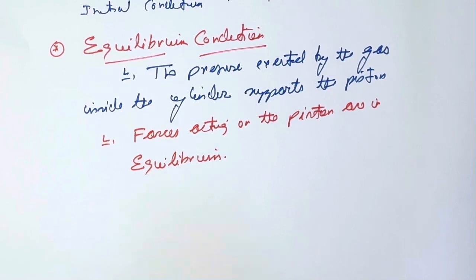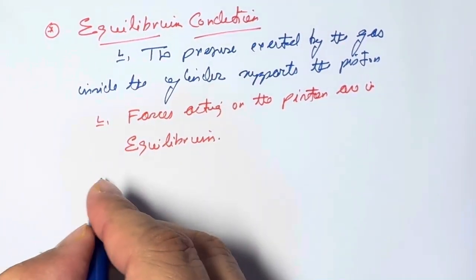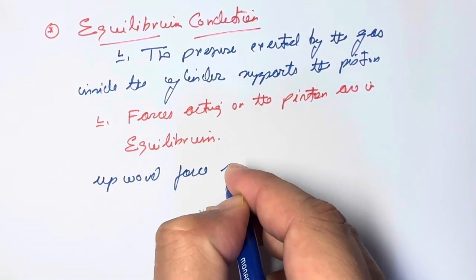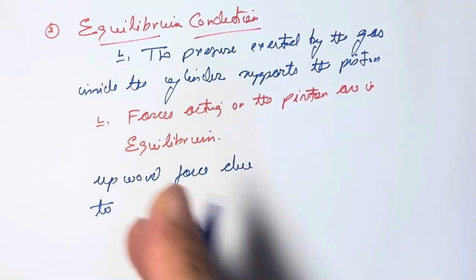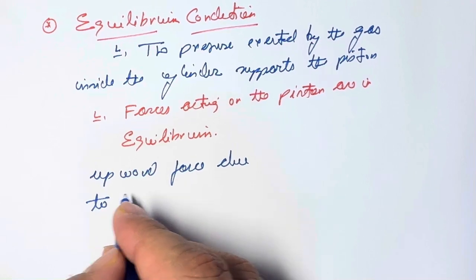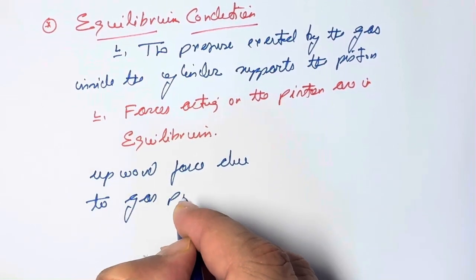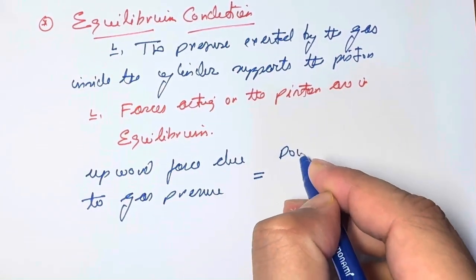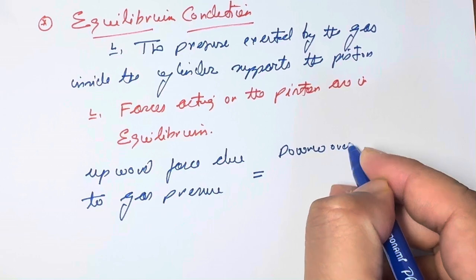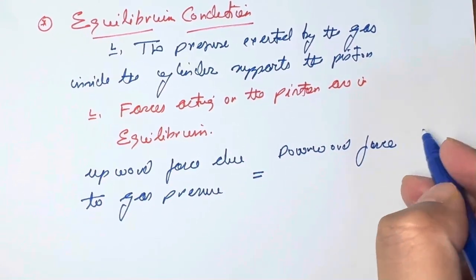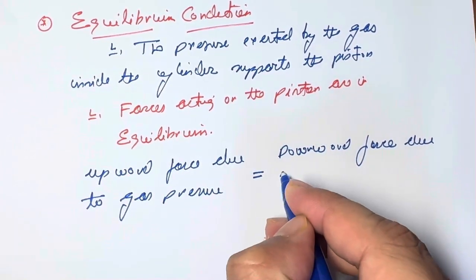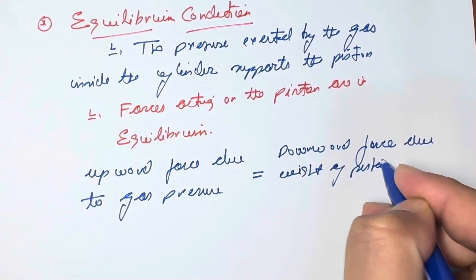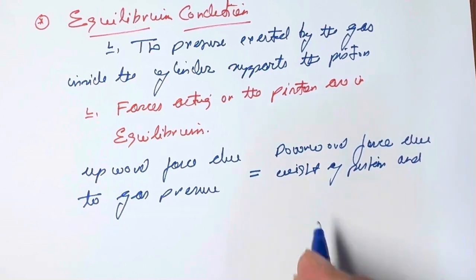So we can write that the upward force due to gas pressure will be equal to the downward force due to weight of the piston and atmospheric pressure.